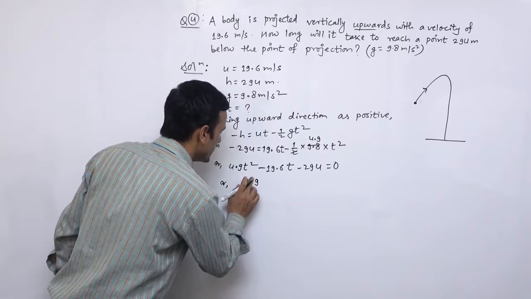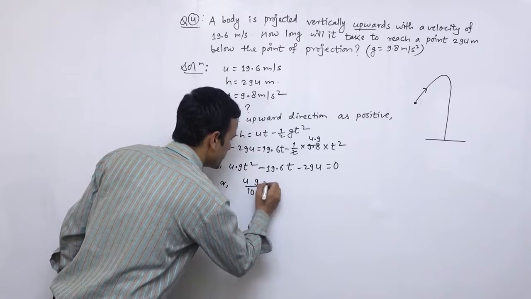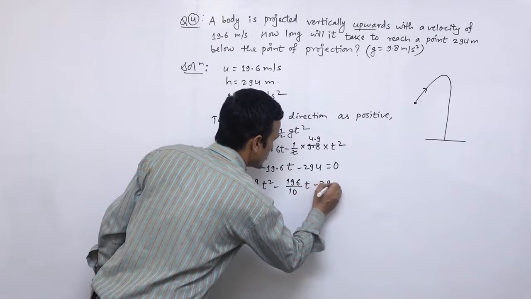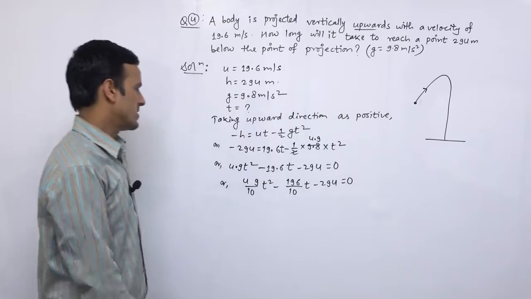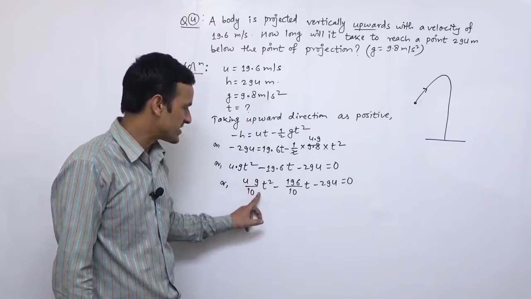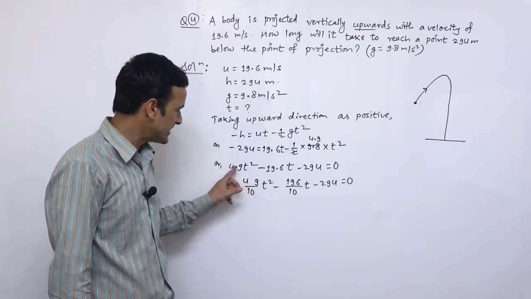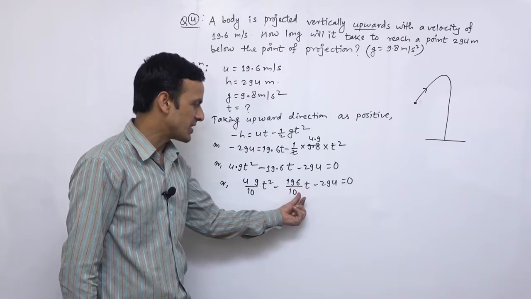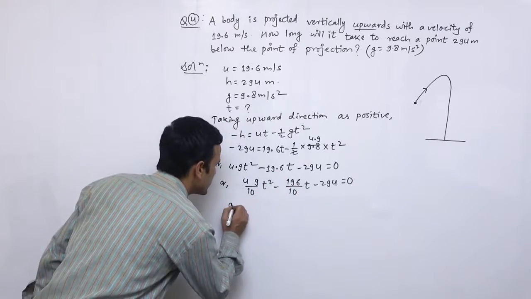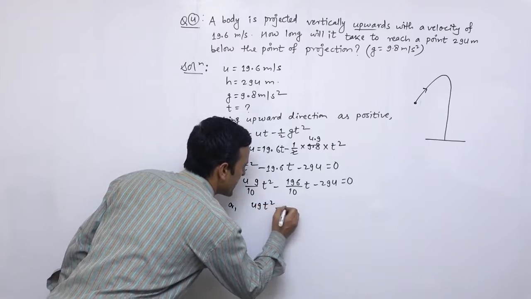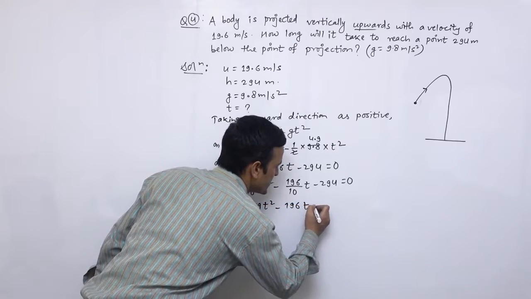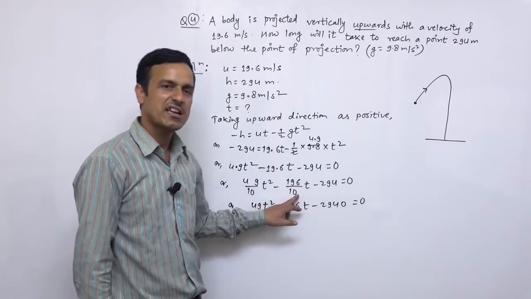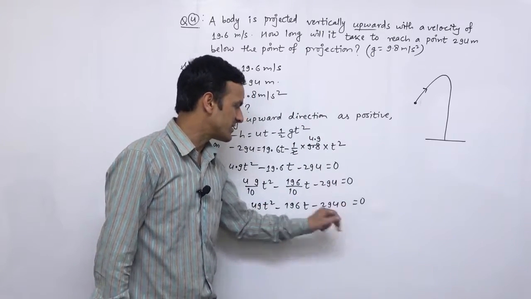So it will be 49 by 10 t square, 196 by 10 t minus 294 is equal to 0. So we can remove this decimal like this, 49 by 10. After the decimal we have only one number, so put 10. Here is also 10, and if you take the LCM 10, then it will be 49 t square minus 196 t minus 2940 is equal to 0. So this 10 is taken as LCM, and 10 into 294 means this one.